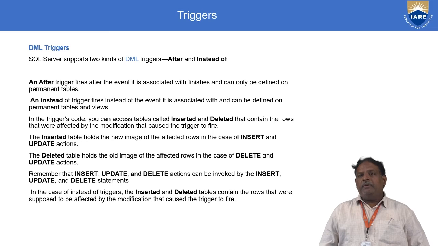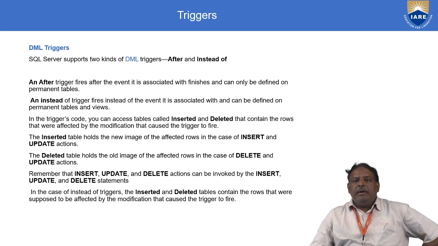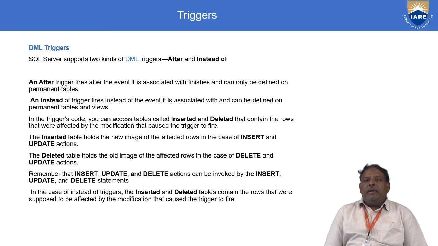When you update, the new value is present in the inserted table, whereas the old, existing value, which you want to modify into the new value, is present in the deleted table. Remember that these actions can be invoked by the insert, update, and delete statements.